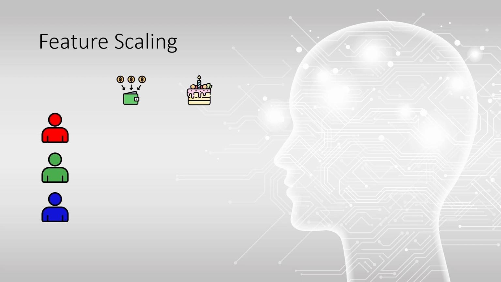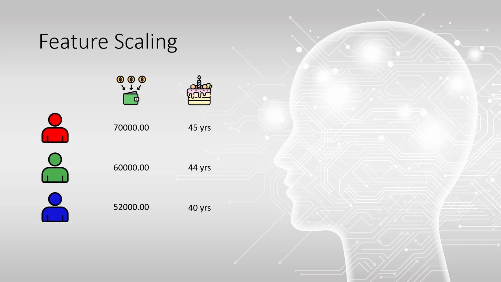Now, here is the data. We have red person is making 70,000 a year and their age is 45 years. Green person is making 60,000 a year and their age is 44 years. And blue person is making 52,000 a year and their age is 40 years.